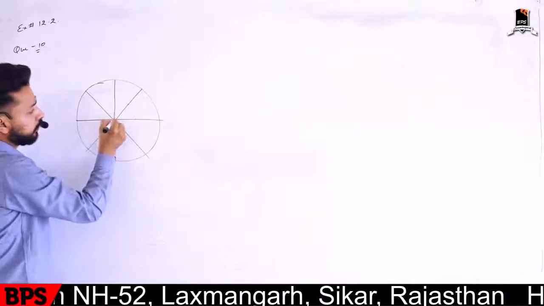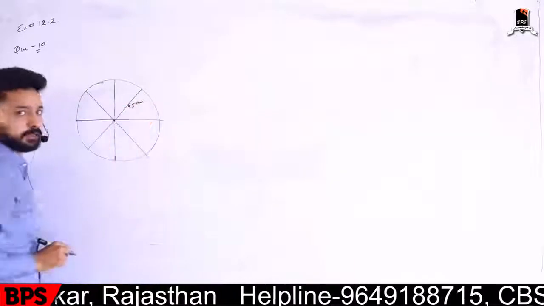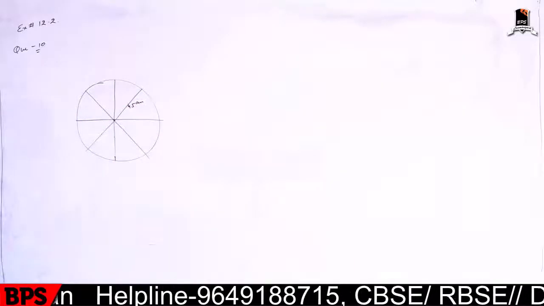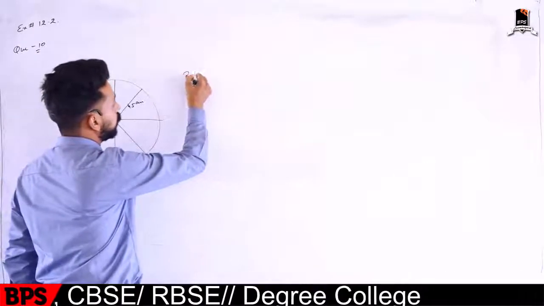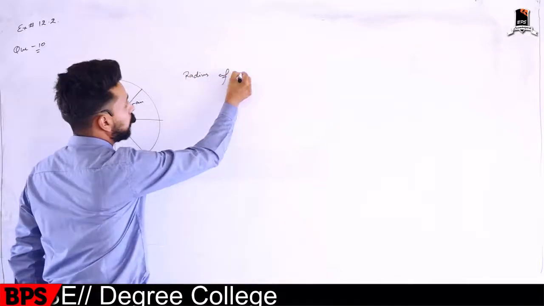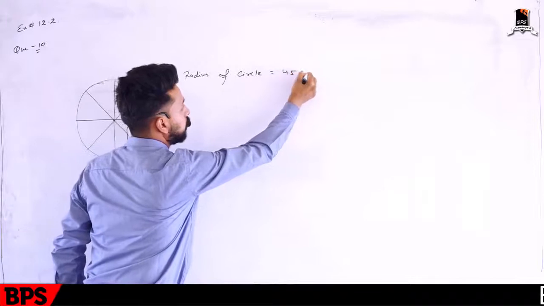Each of the ribs has 45 centimeter length, so the radius of the circle is 45 centimeter.